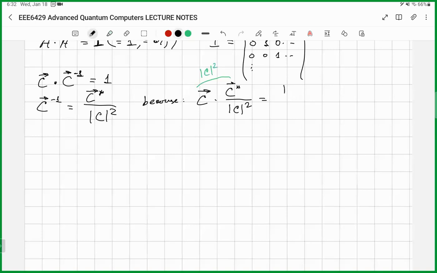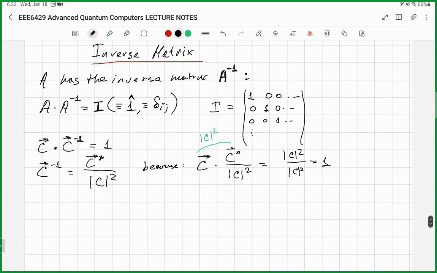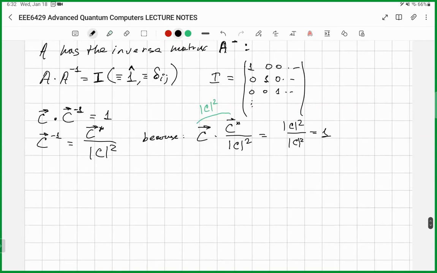So I get modulus C squared here, modulus C squared here. This gives me 1. So the inverse vector is the vector itself, complex conjugated if the vector is complex, divided by its value. This is how it works for vectors.